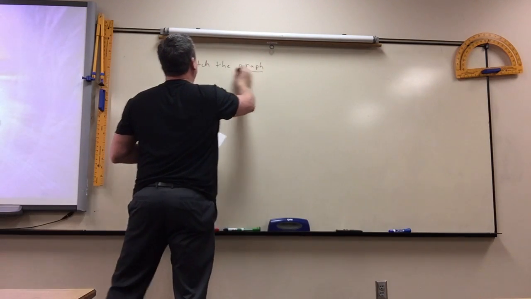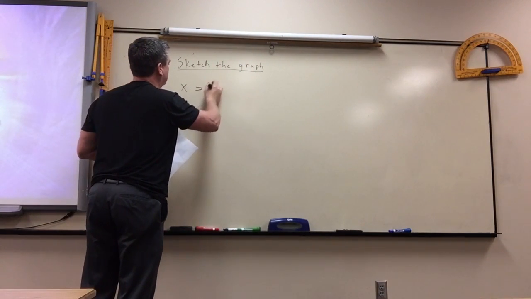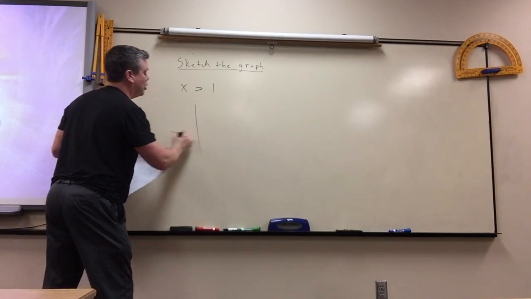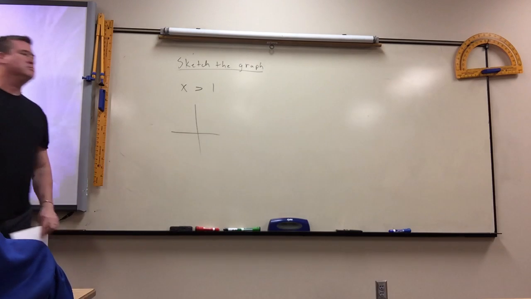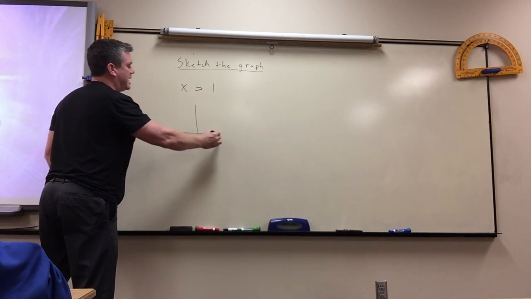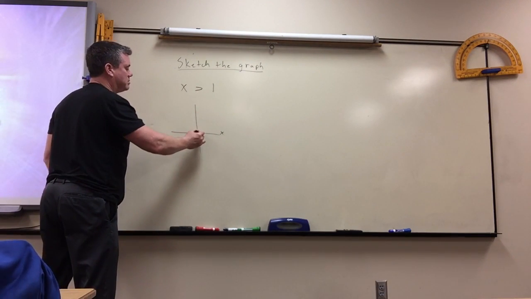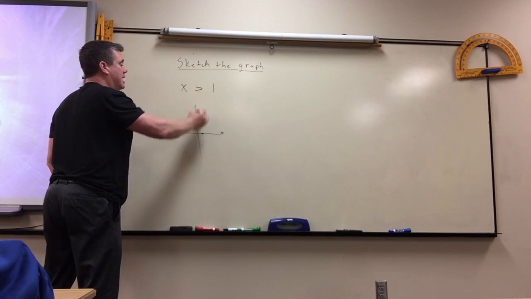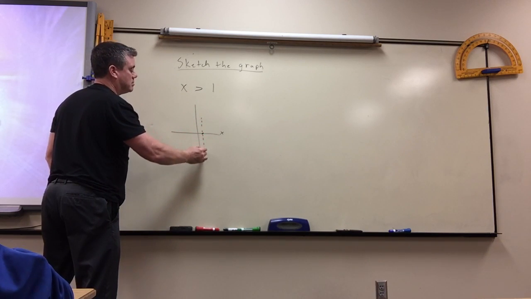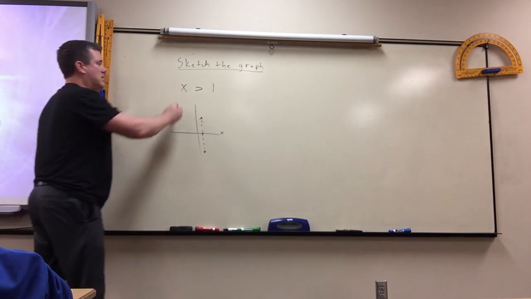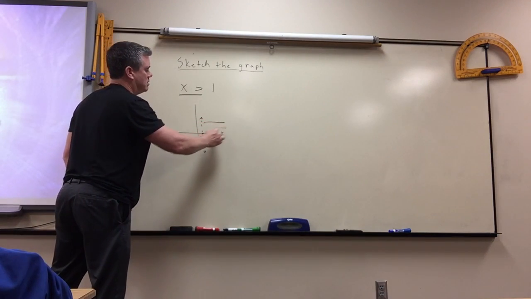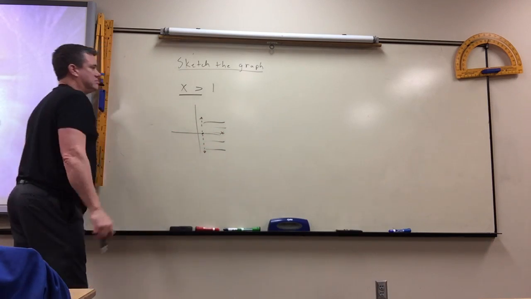So when you're sketching graphs, that's the one where you don't do a number line, and it does have the graphs on there for you. This crosses the x-axis at 1, and it's a dotted line. So then you got to shade one side or the other. X is greater, so it's everything to the right.